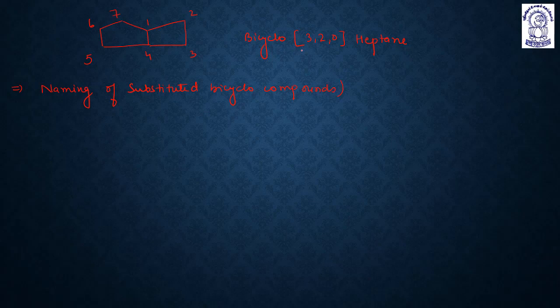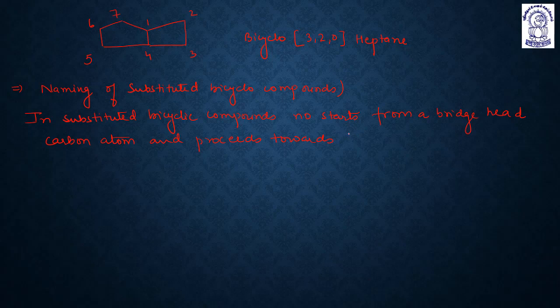In substituted bicyclic compounds, numbering starts from a bridge head carbon atom and proceeds towards the longest bridge, then the smaller bridge.